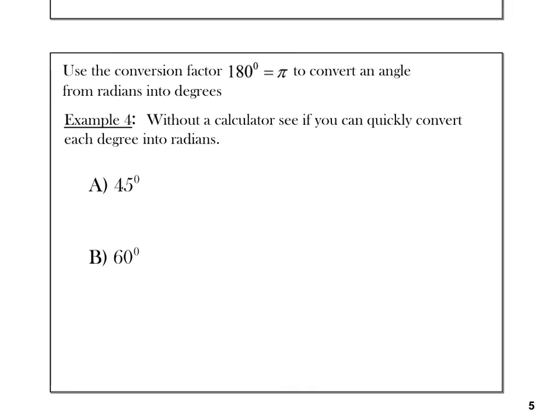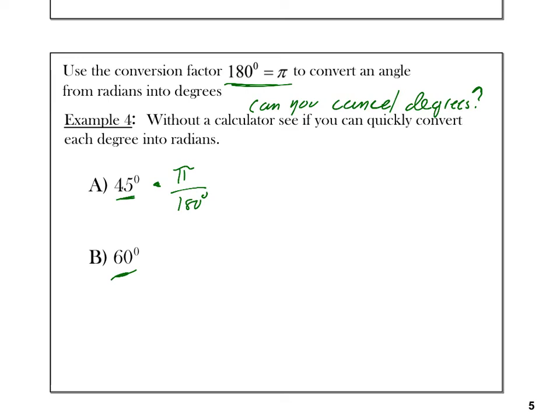So now flipping it around, see if I can go from degrees, 45 degrees, 60 degrees. Those are popular ones. Those are ones we've dealt with before. And you're going to go the other way. So this time, remember, you're going pi for 180. So can you cancel degrees? So 180 degrees cancel. So I'm left with 45 pi over 180.